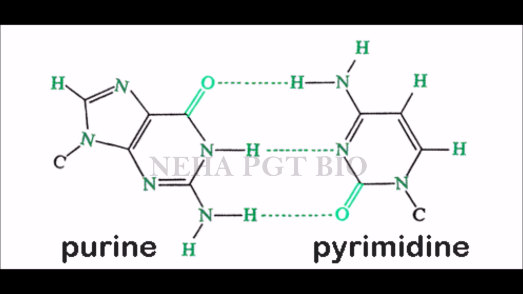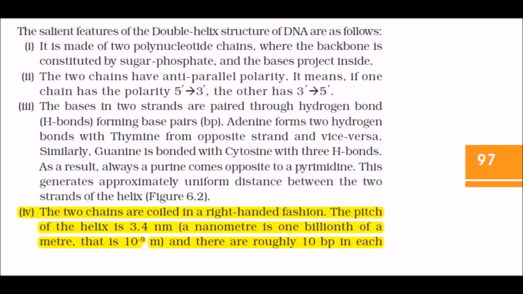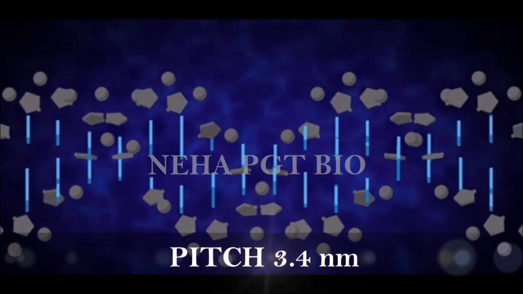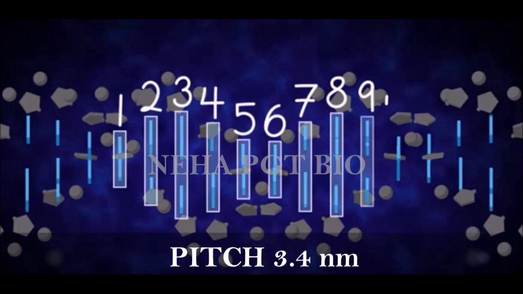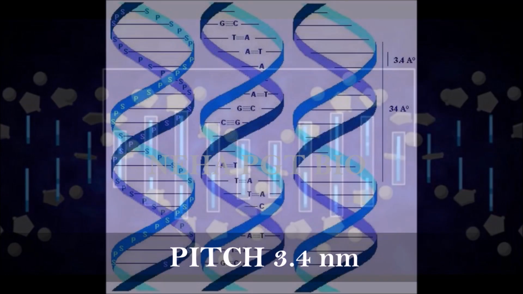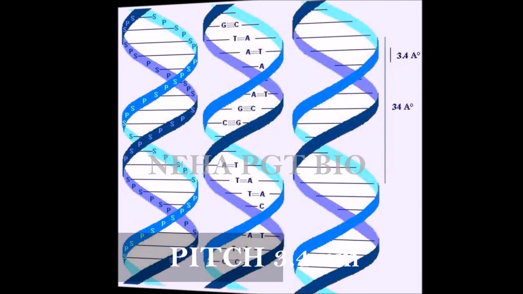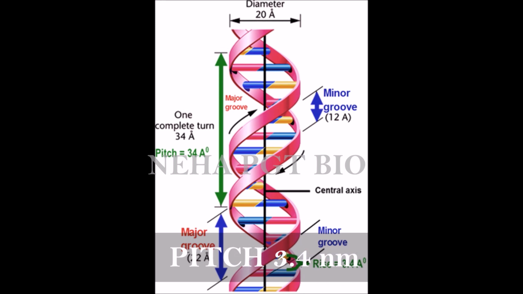This generates uniform distance between the two strands of the helix. The two chains are coiled in right-handed fashion with about 10 to 10.5 base pairs per turn. And the length of one complete turn, or pitch, of the DNA molecule is 3.4 nanometers.